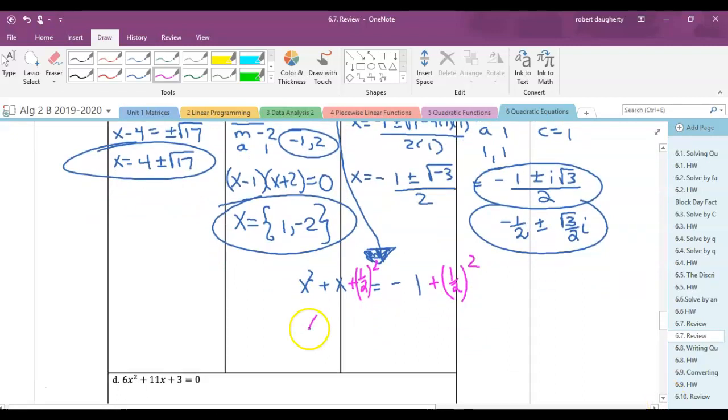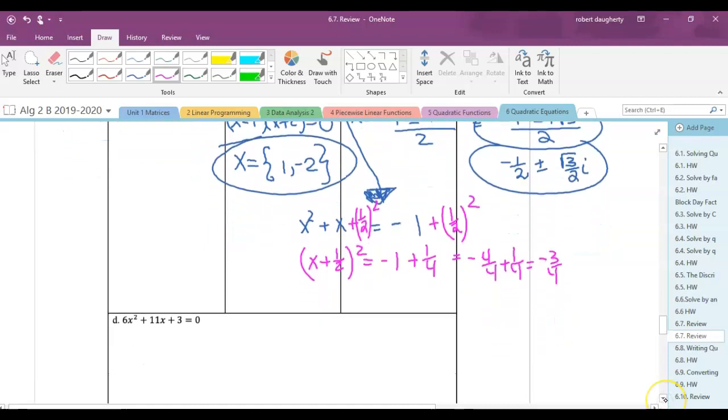So this gives me x plus 1/2 squared equals, and this is negative 1 plus 1/4, which is negative 4/4 plus 1/4, which is negative 3/4. So I get x plus 1/2 squared equals negative 3/4.